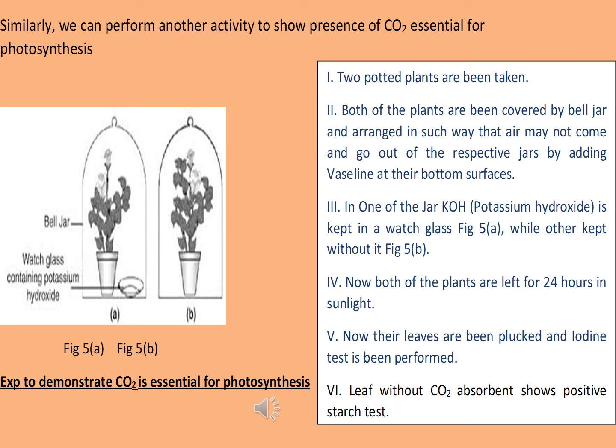Therefore, it successfully carried out the process of photosynthesis. That is why we can see the presence of starch in its leaves. So, from this experiment, we can again reconfirm that carbon dioxide is one of the components required for the process of photosynthesis.